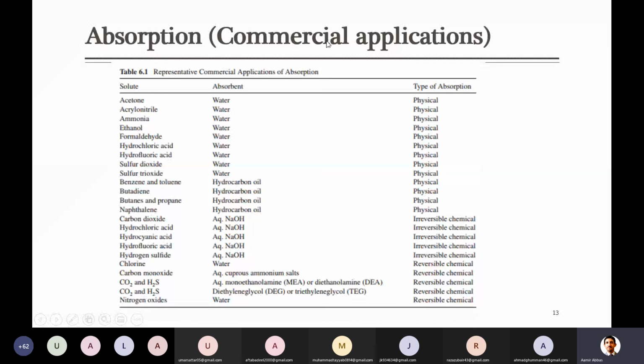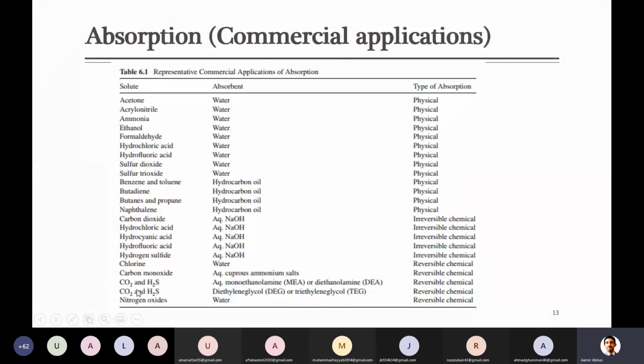Now, absorption commercial applications. Here in this table are mentioned some solutes. Solutes mean those species which you want to absorb from the gas streams, and the others are the absorbents, the liquid solvents which are used for this purpose. Then mentioned is the type of absorption. Out of these, I will directly go to those which are considered more favorable: reversible chemicals.